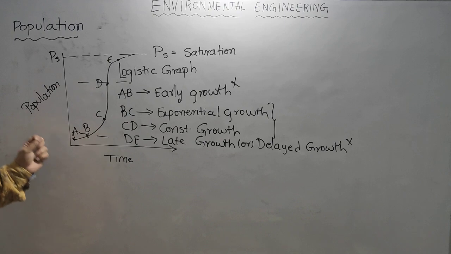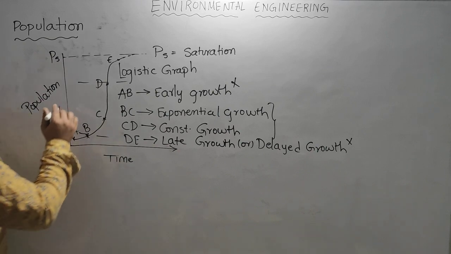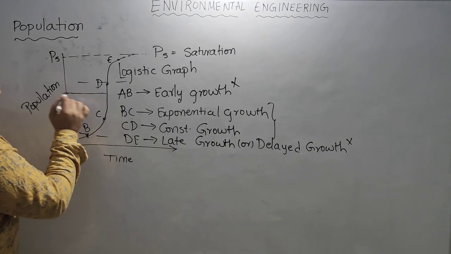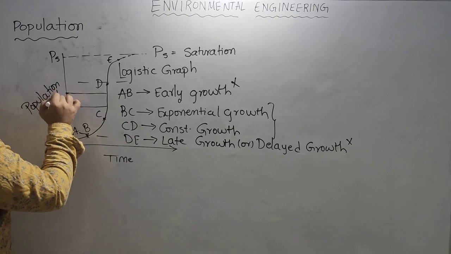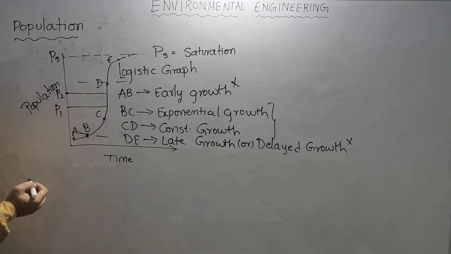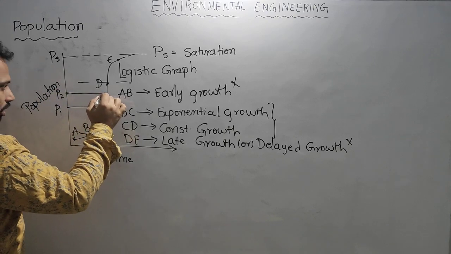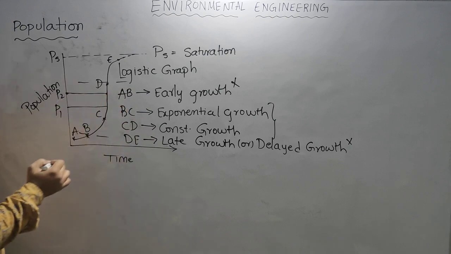So let us go to the first one, constant growth. I will pick constant growth first, and then we will discuss exponential growth. Let us take this as P1 and this as P2.